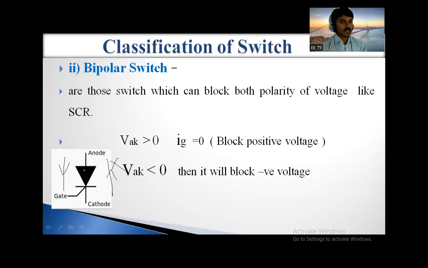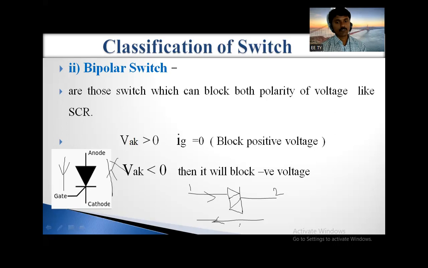And for the bidirectional switch, the examples we gave yesterday were the diac and triac. This is the symbol of the diac. In this one, the current can flow from this terminal to the other terminal, and also from the second terminal to the first terminal.